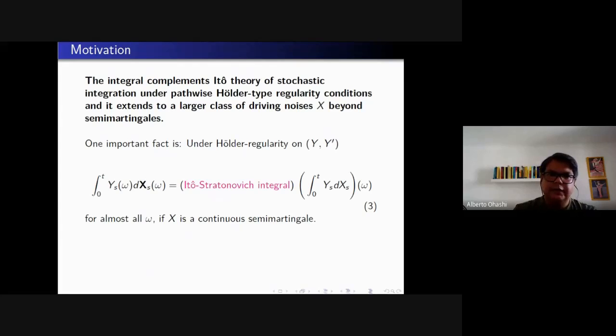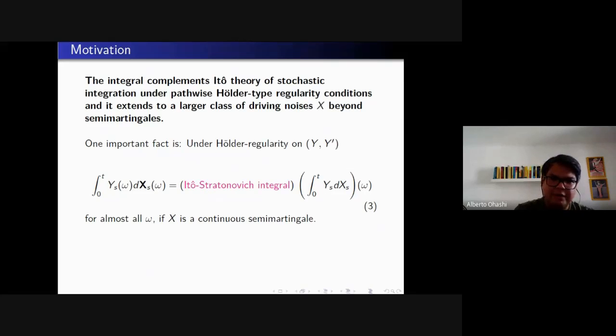So there are many things to discuss, many applications, many things to discuss about rough path. I just want to say that this integral complements Ito's theory of stochastic integration under pathwise Hölder regularity conditions. And more importantly, it extends to a large class of driving noise beyond semimartingales.